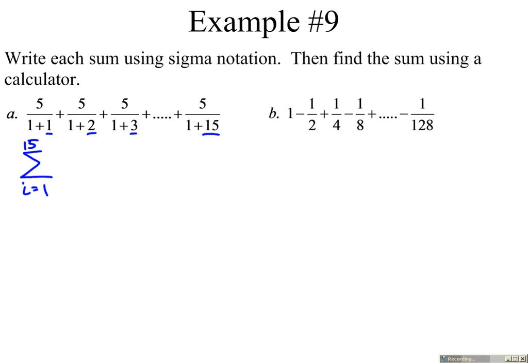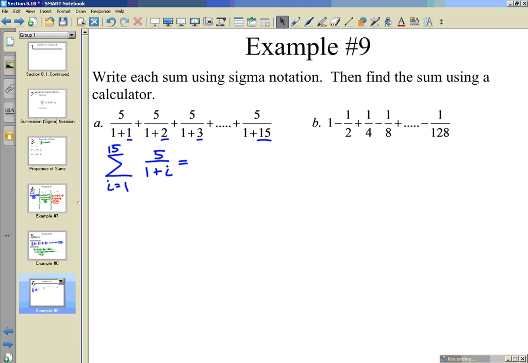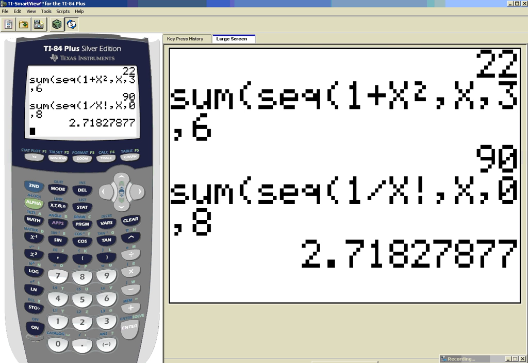What does our expression look like? Well, the numerator always stays the same. The denominator always starts with 1 plus whatever the term number is, so let's call that i. There's our sigma notation. Go to the calculator, plug that in, and find the actual sum.